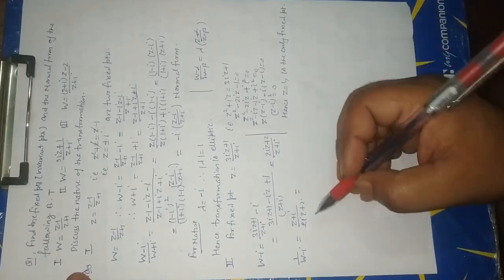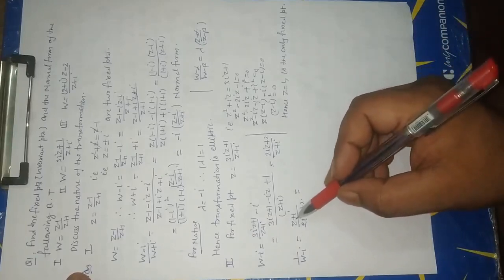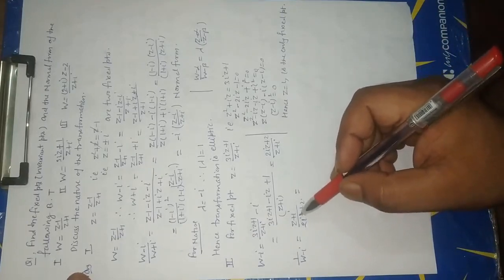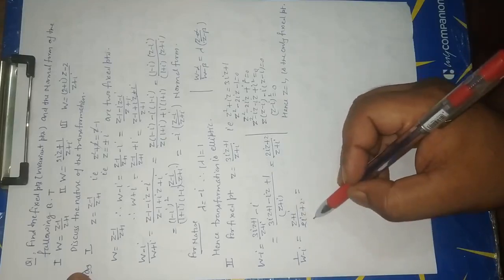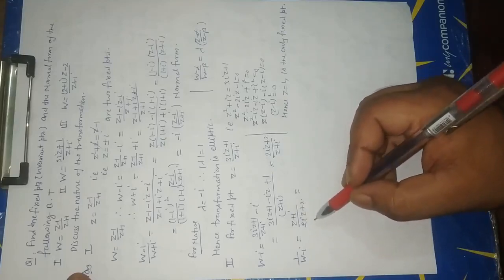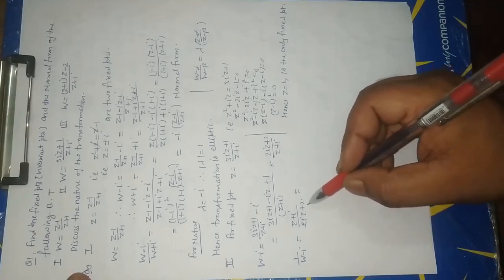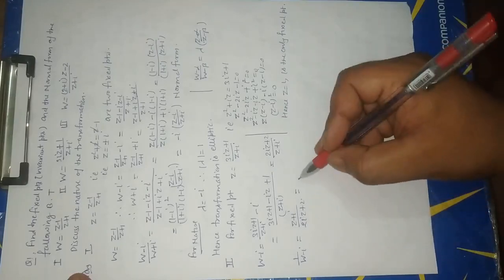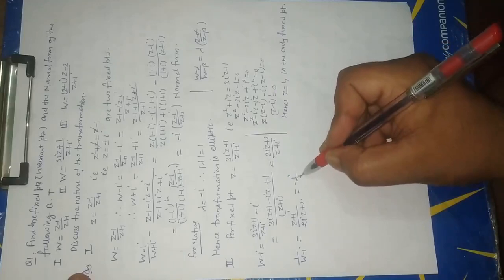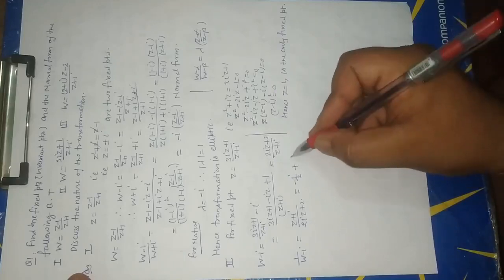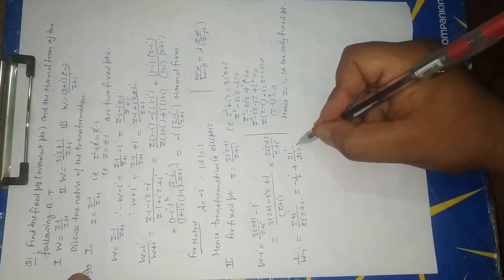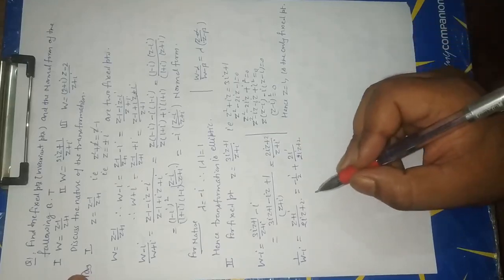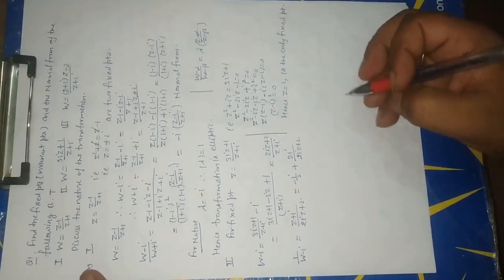Now first, this is the same degree polynomial. Now we divide Z plus i with 2iZ plus 2. Now we get minus i by 2, plus 2i upon 2iZ plus 2. Okay, student?